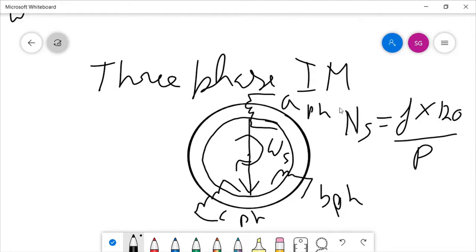So ns is in rpm, and this omega s is in radian per second. These are the same thing, just converted. This is a per minute quantity, this is a per second quantity. So we can always change this supply frequency and the number of poles of the machine to get a variable speed magnetic field.